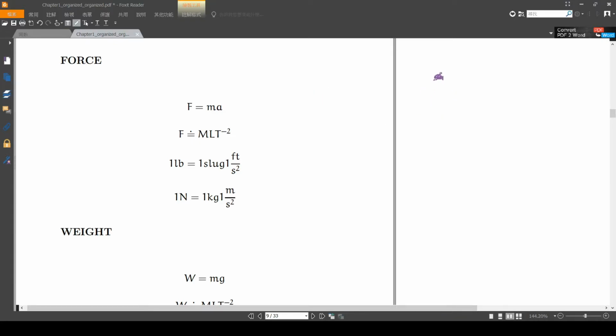So first, like Newton's second law, force is equal to the mass times the acceleration. Like we have just learned, talking about the acceleration, the mass is equal to the kilogram, and the unit of the acceleration is meter per second squared, right?